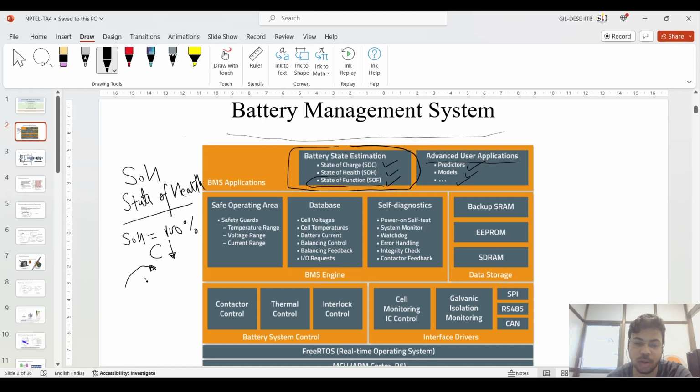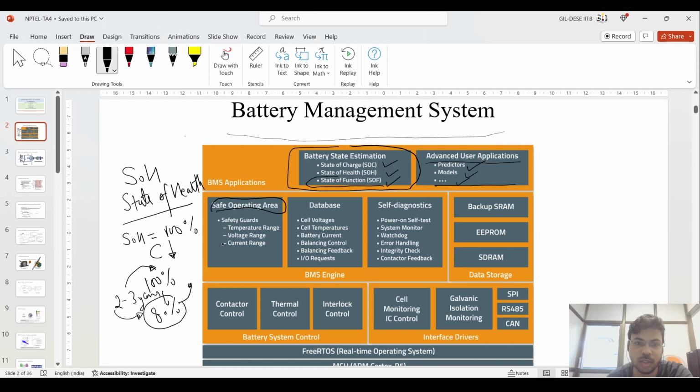So this predictor based mechanism says up to what time this SOH will function fine. Suppose if it goes from 100% to 80%, then you can discard this battery. So when it will reach 80%, after 2 years or after 3 years, this prediction based mechanism gives you this facility.